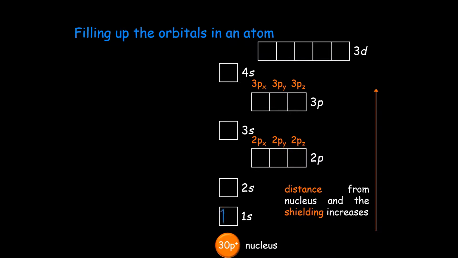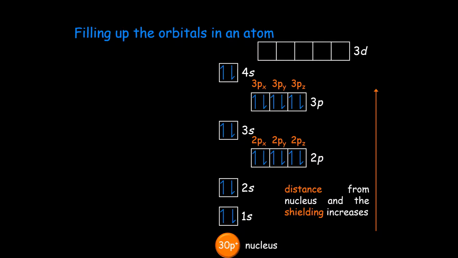So, we're going to put electrons into the 1s singly, then pair. Then the 2s, single, pair. Then the 2p. Now we fill these orbitals singly first of all, and then we pair them up. 3s, then single, single, single, pair, pair, pair, single.